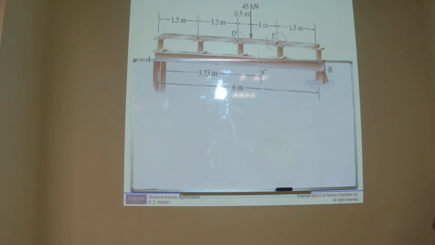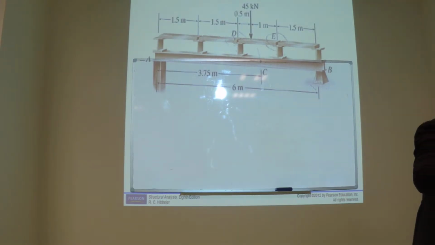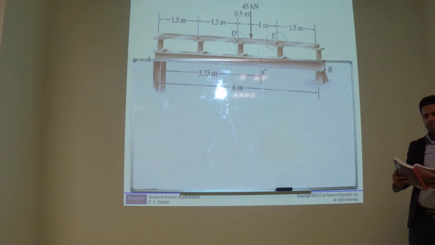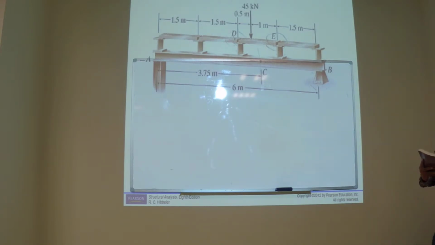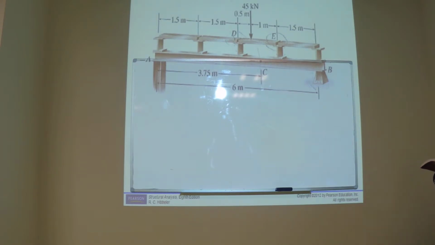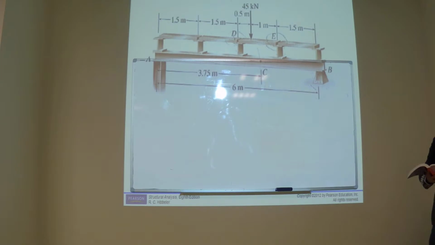Let me read this question again for you. It is example 4.3 and it is saying the 45 kilonewton force in this figure is supported by the floor panel DE. So at DE there is a load of 45 kilonewton on this panel, which in turn is simply supported at its ends.